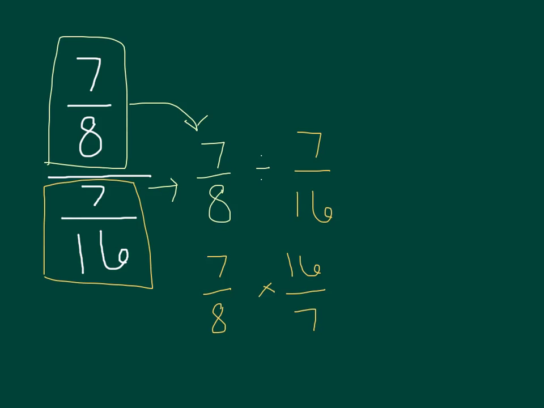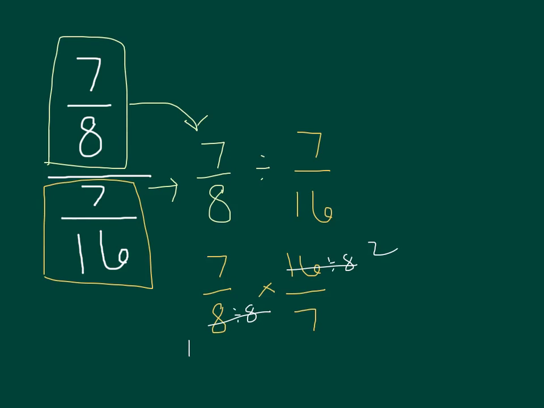The cool thing about this problem is that I can cross-reduce. If we remember how to cross-reduce, I can find a common factor diagonally. Looking at 8 and 16, they both have a common factor of 2, 4, and also 8. So I can divide both by 8. 8 divided by 8 is 1, 16 divided by 8 is 2.